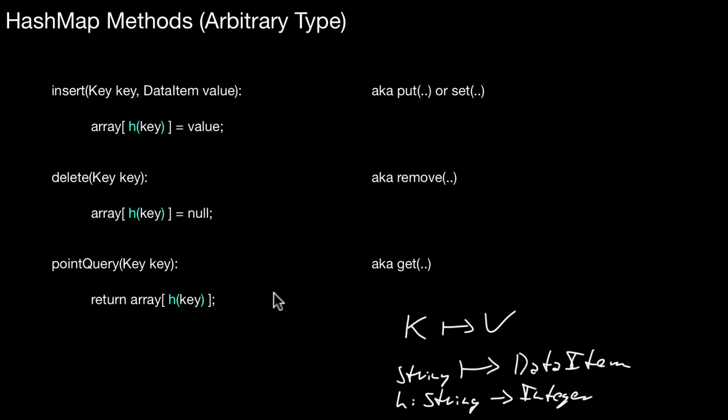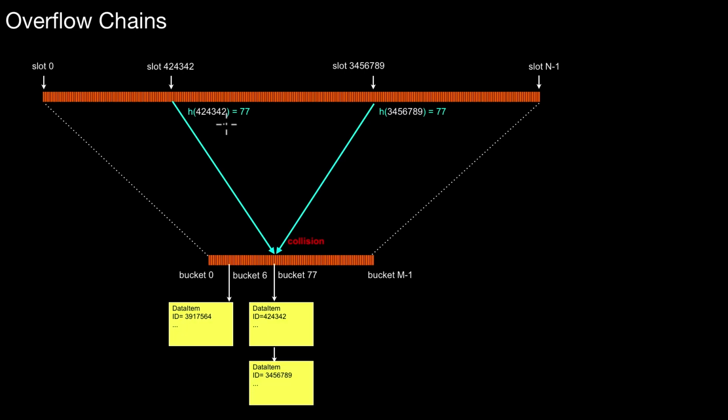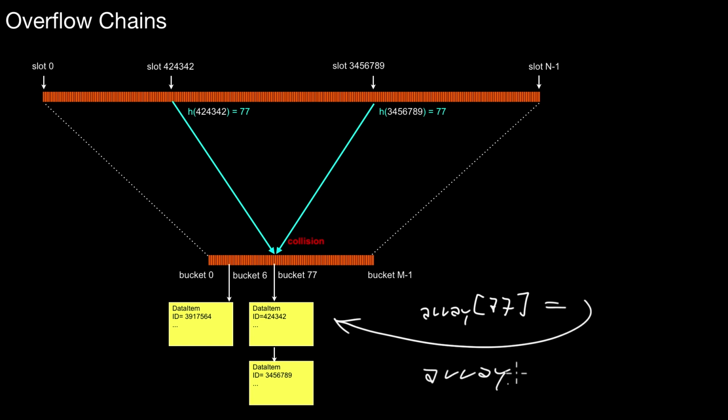So if you go back to this method here, where I said, okay, I have an insert operation, and whatever comes in, I hash it and assign that bucket to be that value. Well, here you could lose information, of course. If the first entry does the operation array 77, sets this to point to this one, and then I would have another insert operation that also goes there and sets this to point to this one.